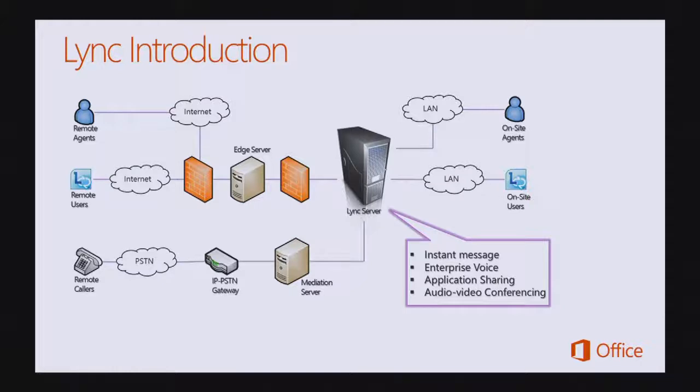Because the payload of the phone voice is different from the Lync voice, we need the media server to transfer the data between them. And this is the same as an internet user, just without the firewall, inside our domain controller. I think it's a typical example of the network deployment of Lync.